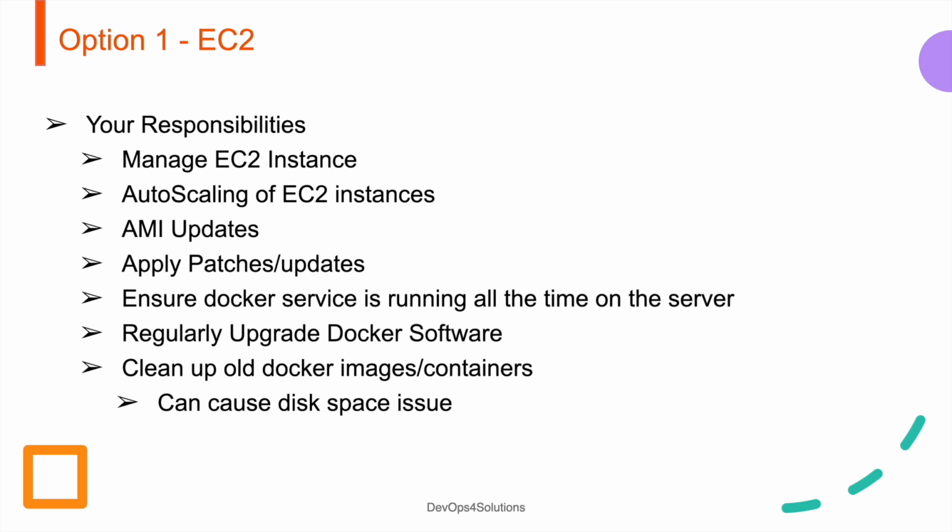Like once in a month, you will see that all the stopped containers and all the images which are not being used are consuming a lot of space. So you have to plan and create a cron job to delete them on a regular basis. So this is, at a high level, your responsibilities for the EC2 instances.